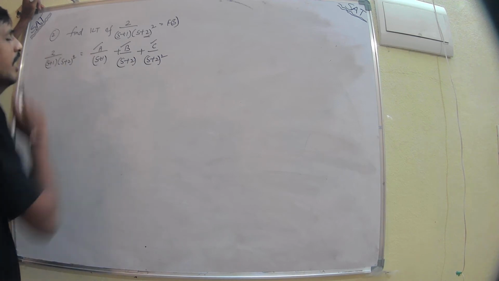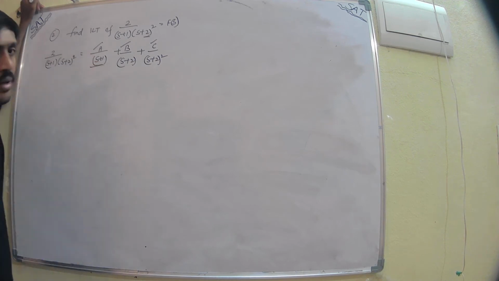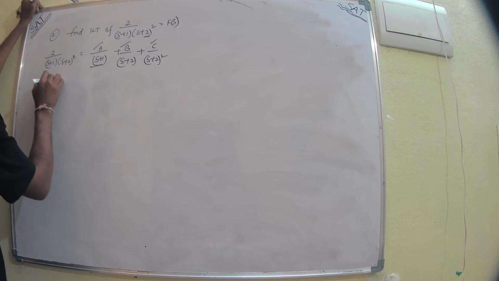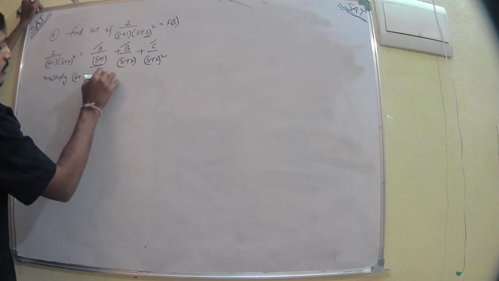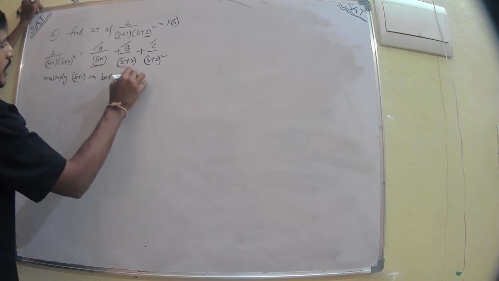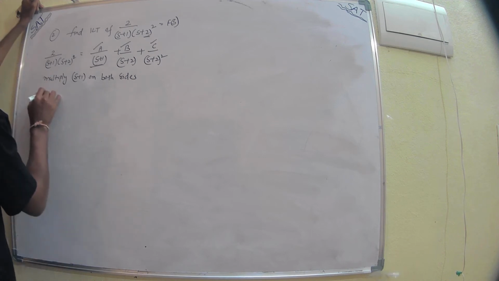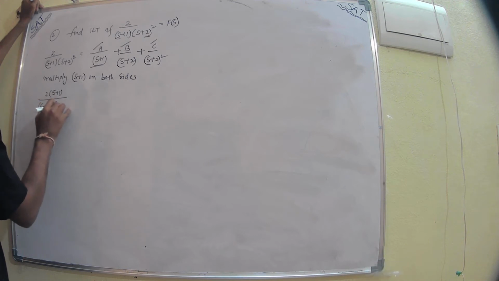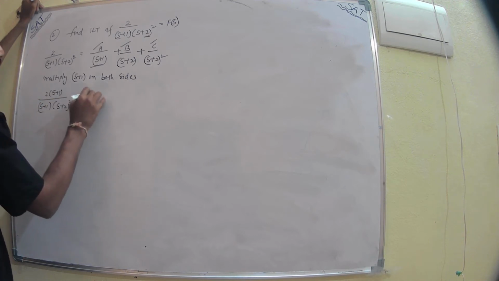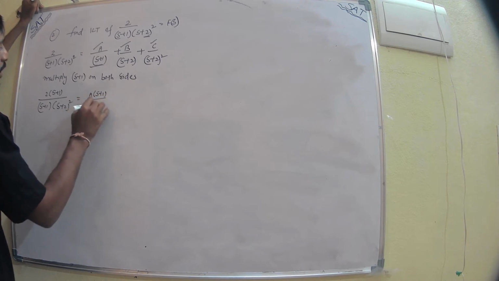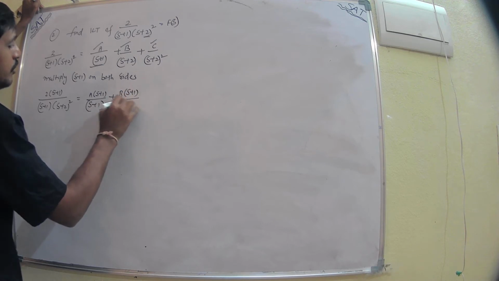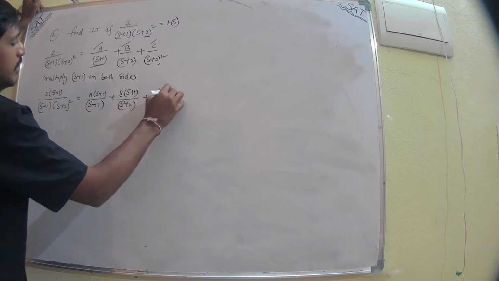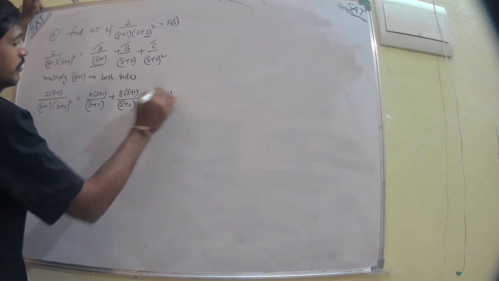Now find the constant values A, B and C. To find A, multiply (s plus 1) on both sides. Then 2 into (s plus 1) by (s plus 1)(s plus 2) whole square is equal to A into (s plus 1) by (s plus 1) plus B into (s plus 1) by (s plus 2) plus C into (s plus 1) by (s plus 2) whole square.